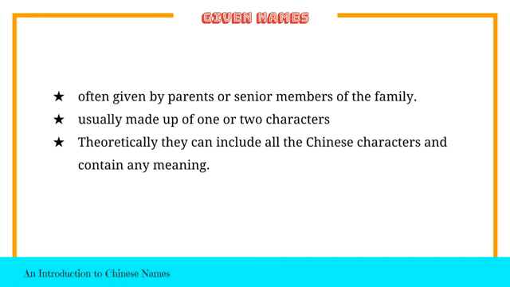So grandparents can be involved. Even some respected relatives can be involved when a child is born. Normally, the name contains the best wishes and hopes from the earlier generation to the baby. And then normally it's made up of 1 or 2 characters.